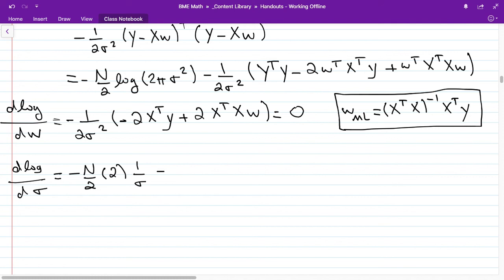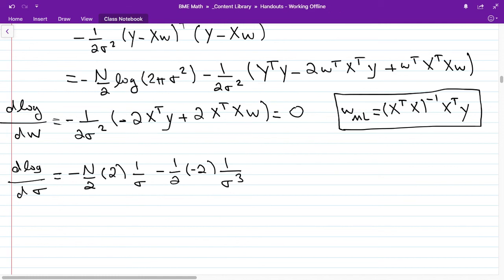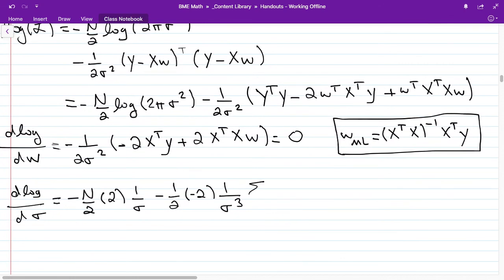Minus, I have this term here, which is 1 over 2 times minus 2 times 1 over sigma cubed times the data, which is the sum over i of y_i minus w transpose x_i, squared.